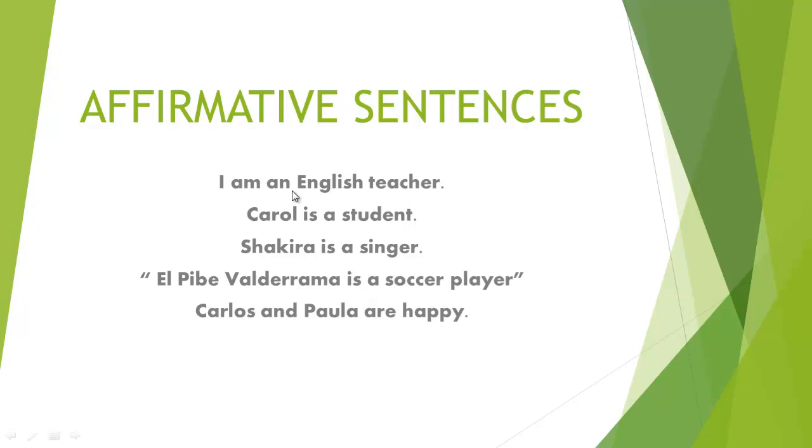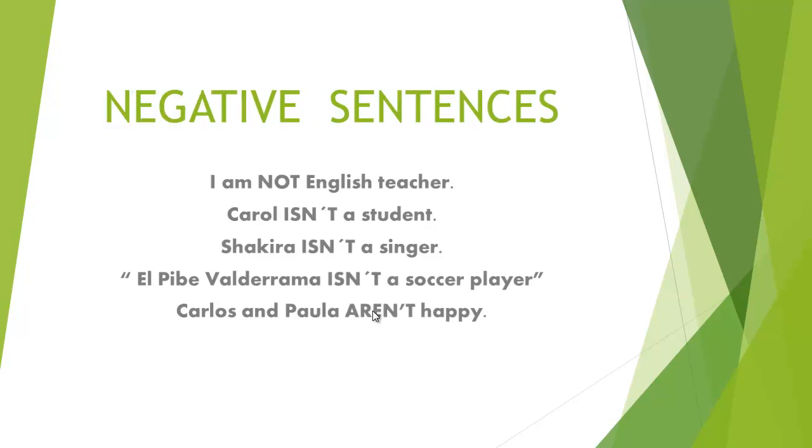I need to keep in mind that I need to use an article if this noun is singular. We have worked with articles in the past, a and an, and that's why we use it here. If I want to change an affirmative sentence into a negative, I just need to use the negative form of the verb, and that's how we're going to do it.